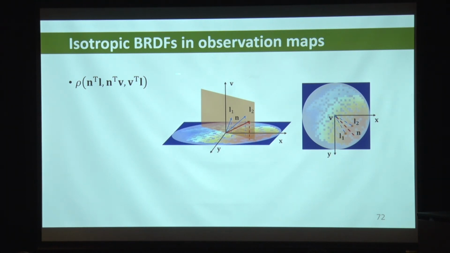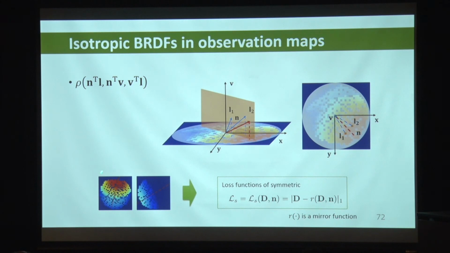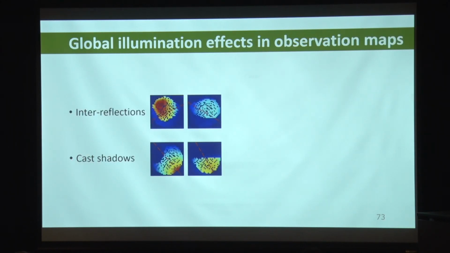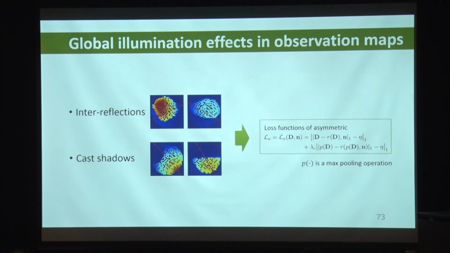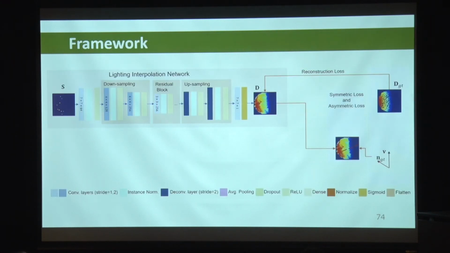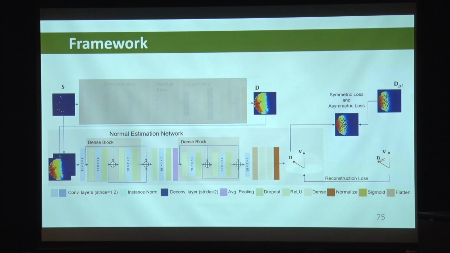But because it's a highly ill-posed problem, we need some constraints, like the isotropy of the BRDF, along this line. There are also things that make our observation map asymmetric, caused by interreflections and cast shadows, so there's another loss function to penalize this part. The network contains lighting interpolation from the sparse one to the dense one, and normal estimation.